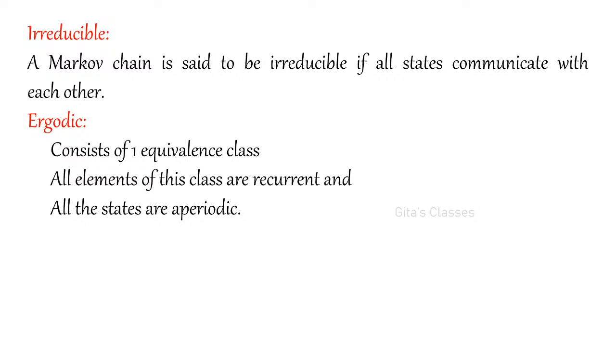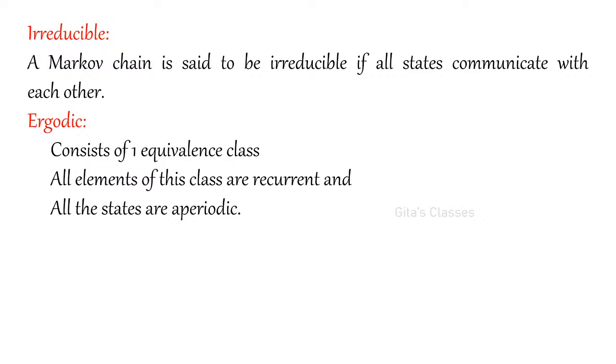So next, another important topic is irreducible and ergodic. One definite question you can expect: some TPM, that is the transition probability matrix, will be given, and you will be asked to find out whether it is irreducible or not, whether it is a Markov chain or not, ergodic or not. These kinds of questions you can expect. A Markov chain is said to be irreducible if all states communicate with each other.